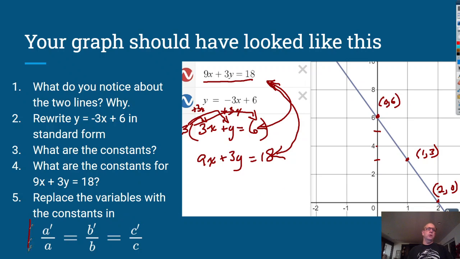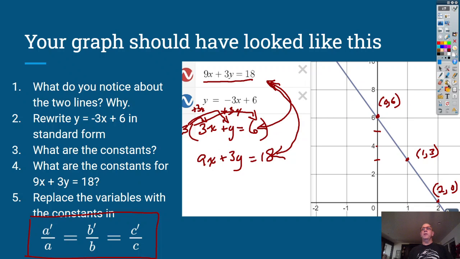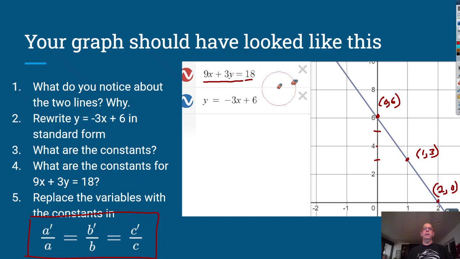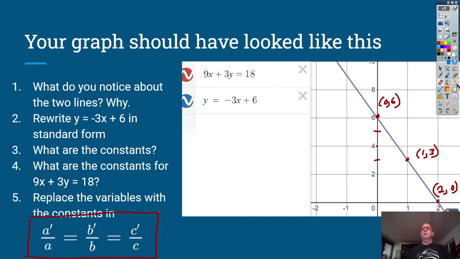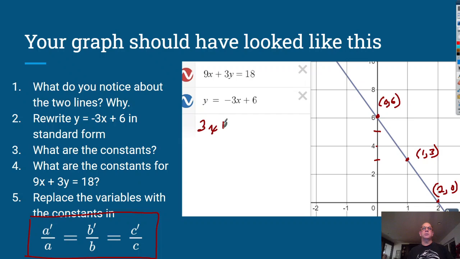So there's a theorem that says if I have two equations that look different but graph the same line, then they're going to have equivalent ratios. So this one was 3x plus y equals 6.